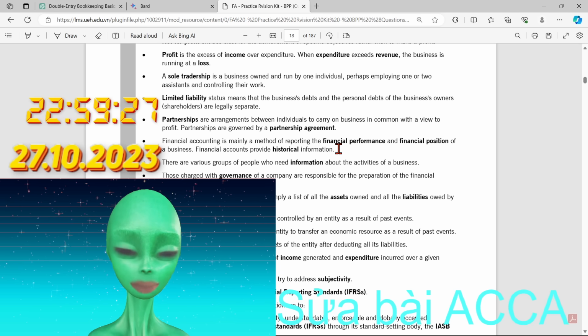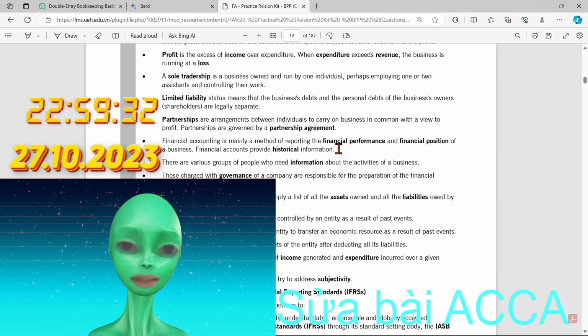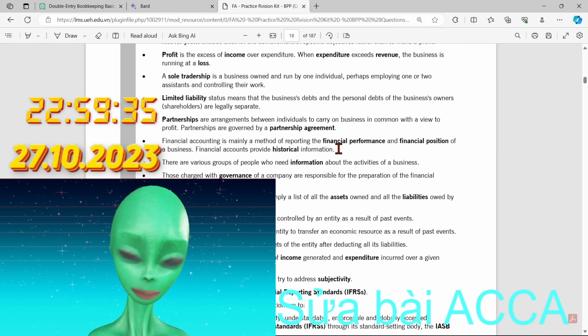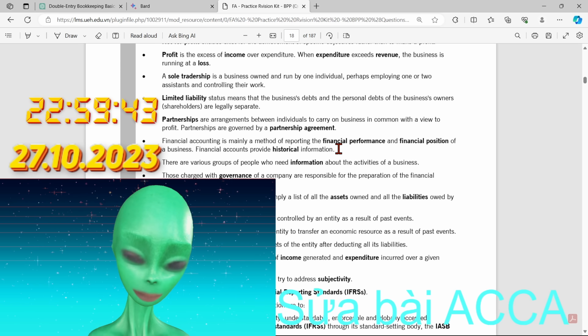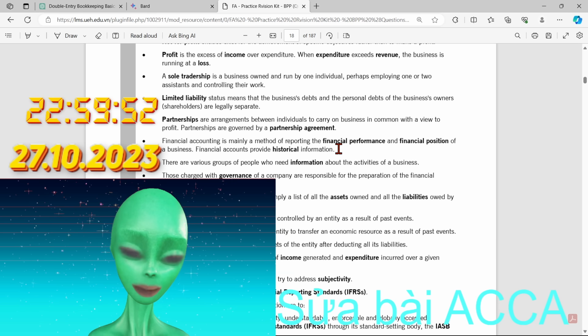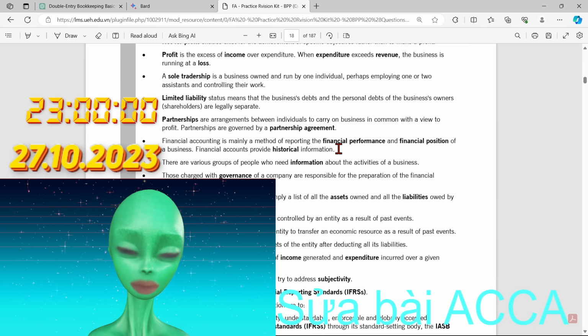The statement of financial position is simply a list of all the assets and liabilities owned by a business as at a particular date. An asset is a present economic resource controlled by an entity as a result of past events.